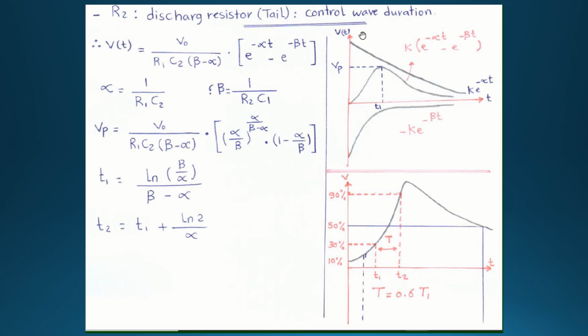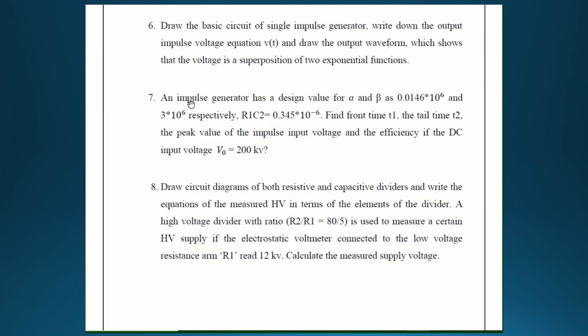Okay, now let's move on to question 7. I will start reading question 7 and then I will start answering it. In this question, he asks: an impulse generator has design values for alpha and beta as follows. Alpha he gives us as 0.0146 into 10 to the power 6, and beta as 3 into 10 to the power 6 respectively.